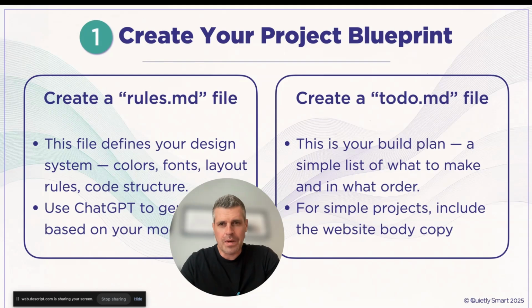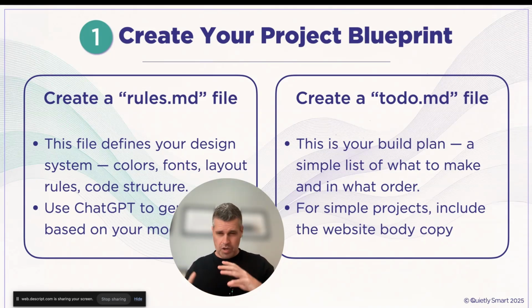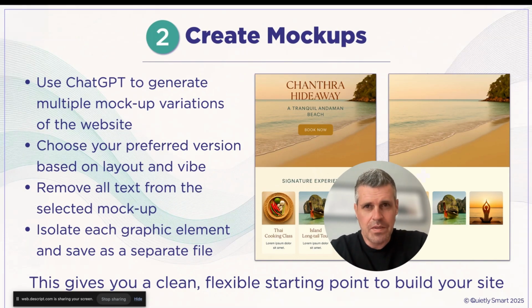And the other thing we need is a to-do file, which is our build plan. So this tells the coding agent what order to do things in, rather than just try and build it all together at one time. It's going to follow a sequence. The second thing we're going to do is create a mock-up that we like. So that will give us an idea of what the app is going to look like before it's even been built.